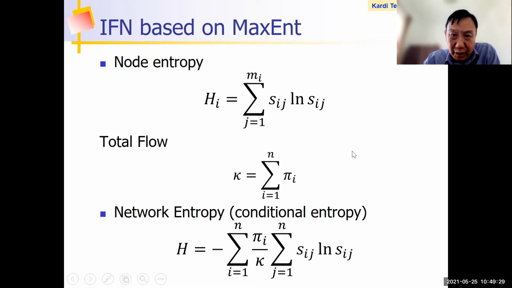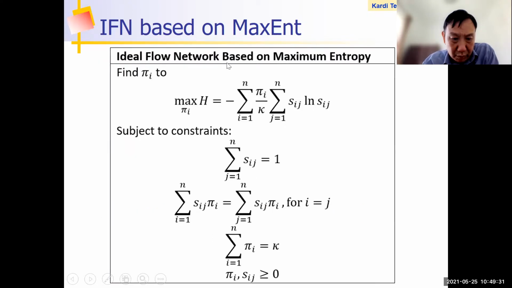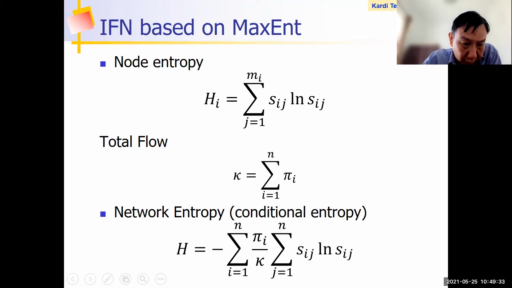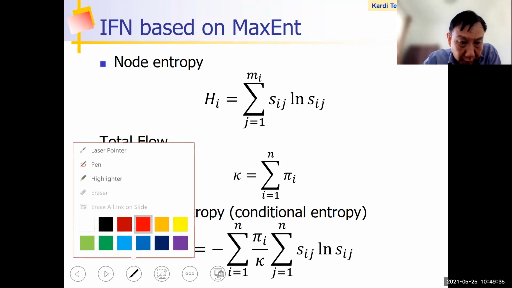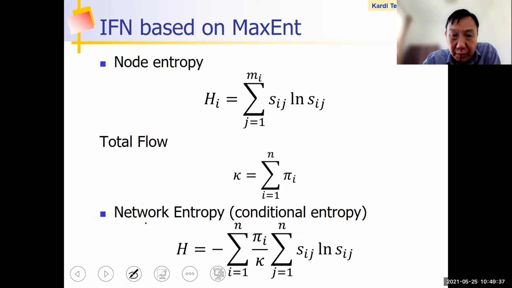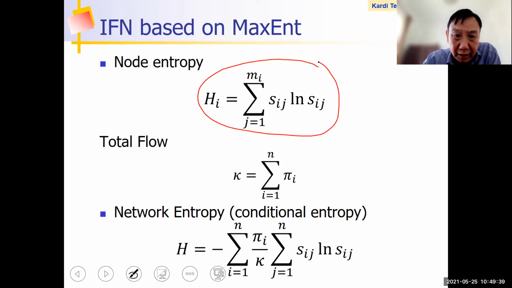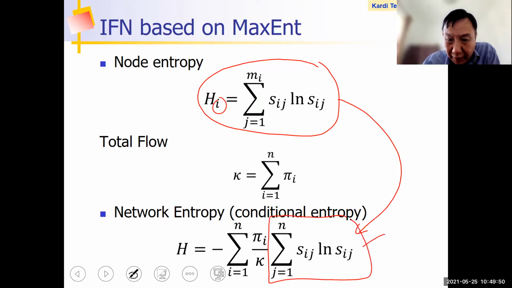If you look at this formula here, which I'll put in color, this is the entropy of node i, basically H_i. And what is this?